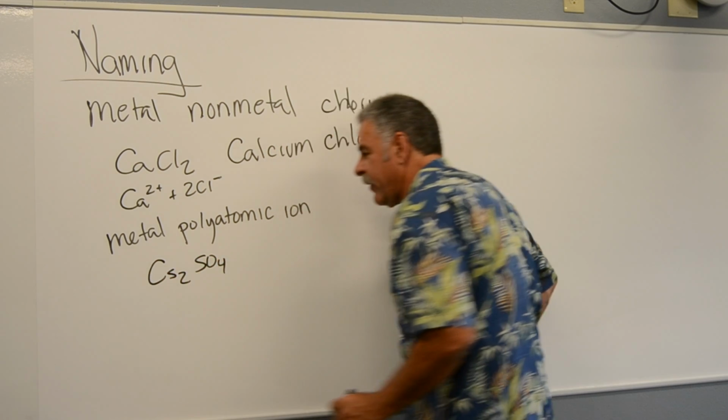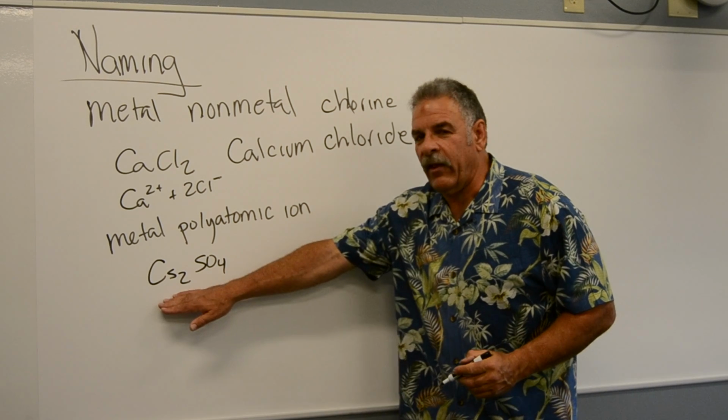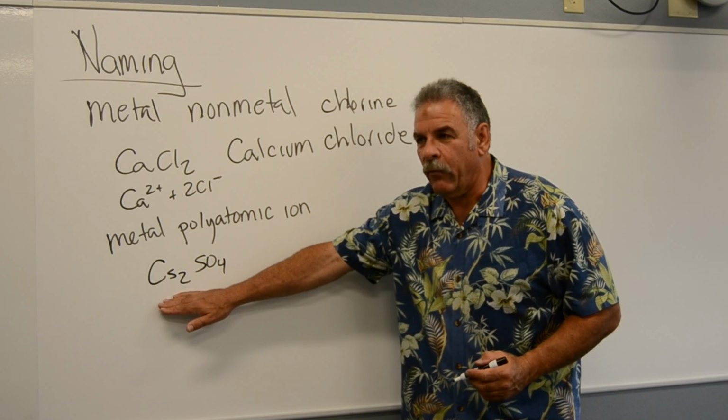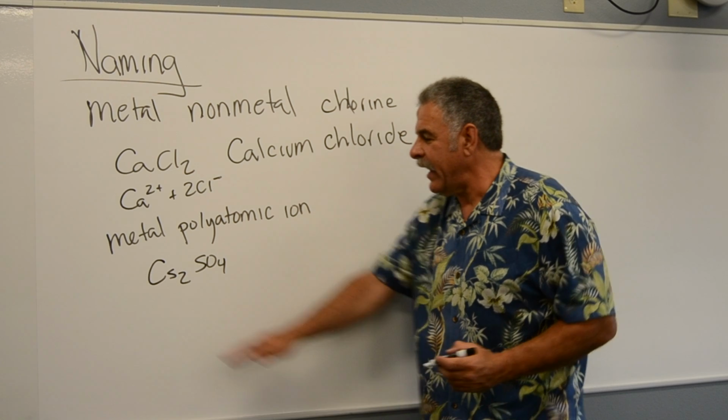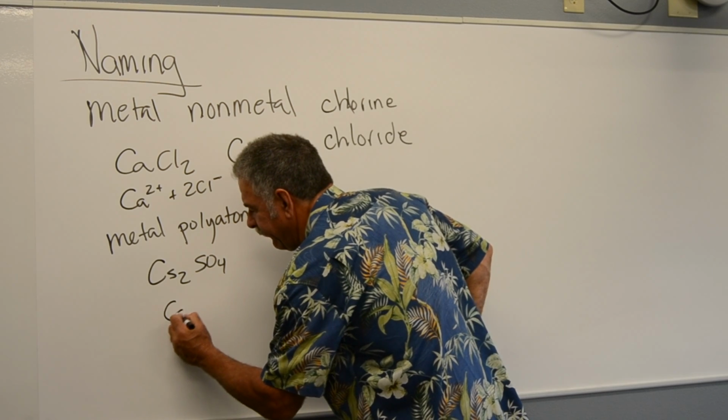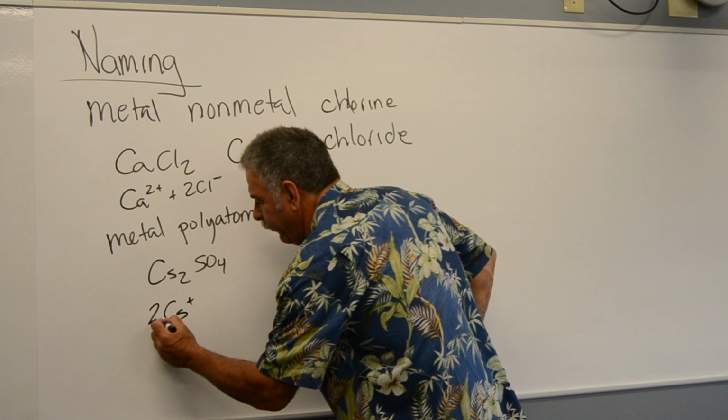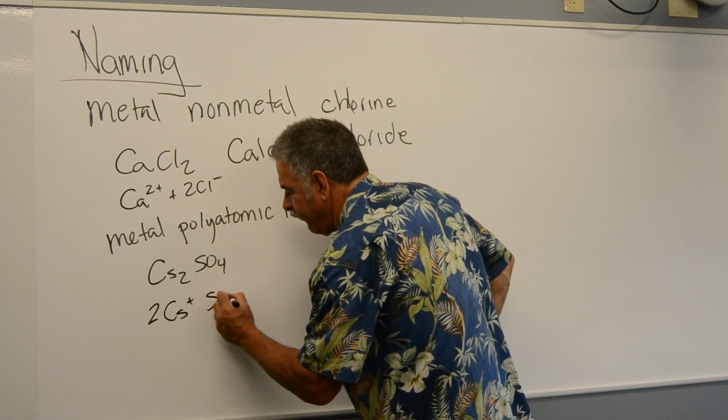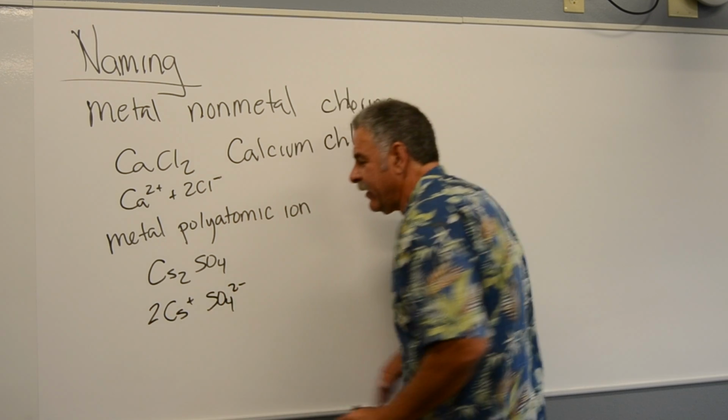So let's look at this one, Cs2SO4. Now, we have to look this metal up. It's a first row metal or an alkali metal. It has a charge of 1, so Cs+. There's 2 of them. And then the SO4 or sulfate anion is 2-.